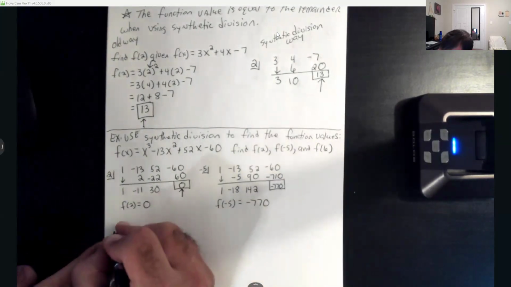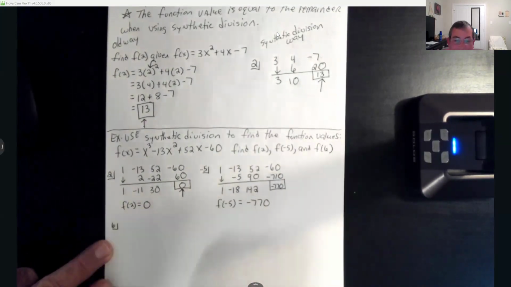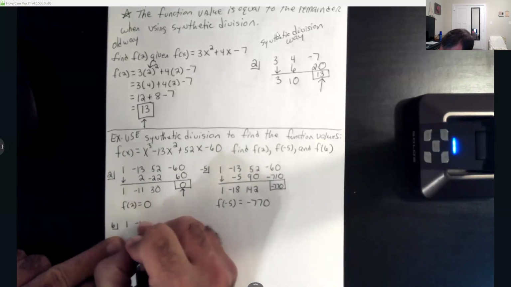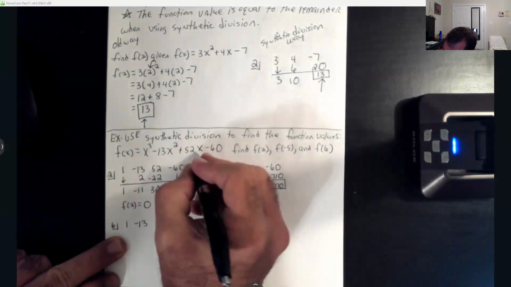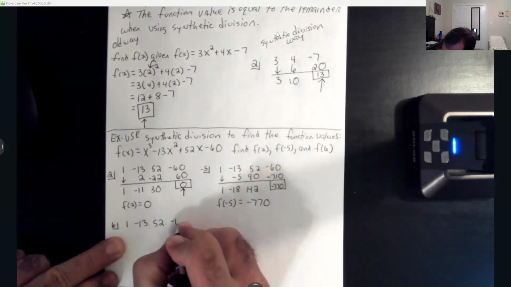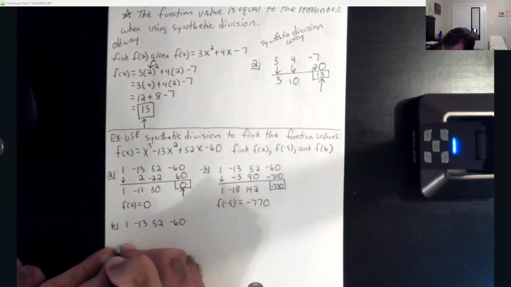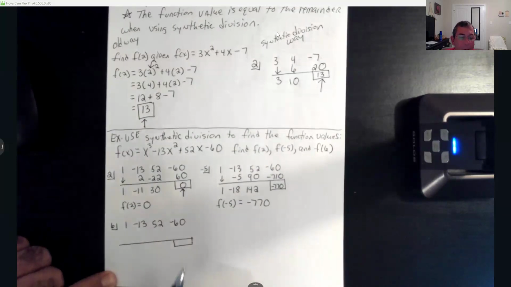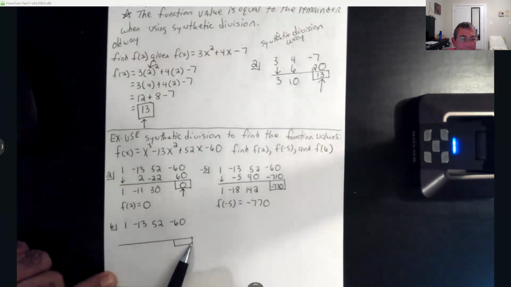All right, y'all, one more to go. I got to find f of 6 now. So let me put me a 6 here. Still the same coefficients. 1, negative 13, 52, and negative 60. All right, y'all, so once again, I'm looking for that remainder.